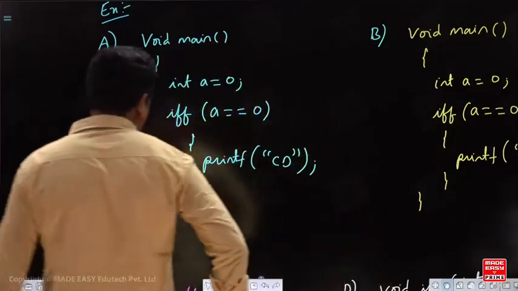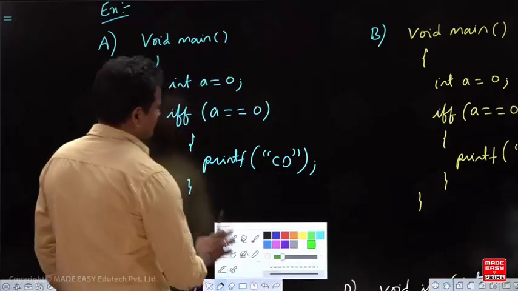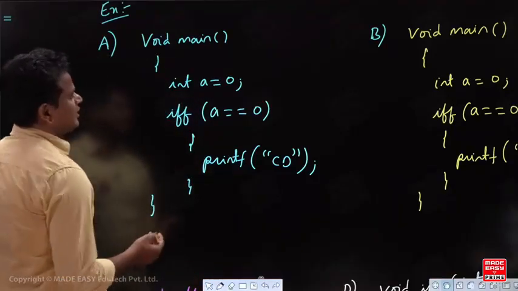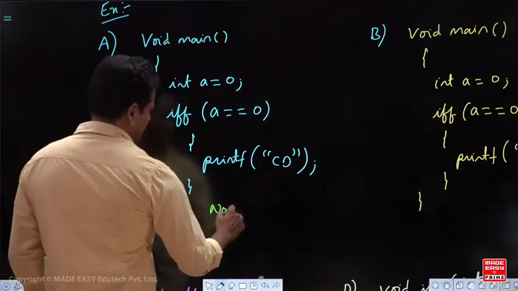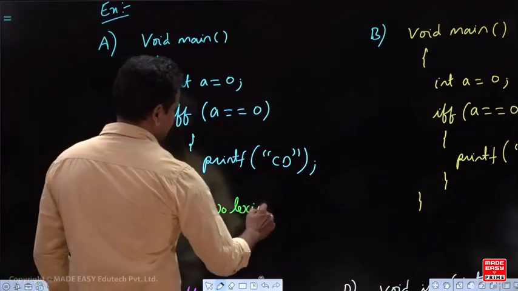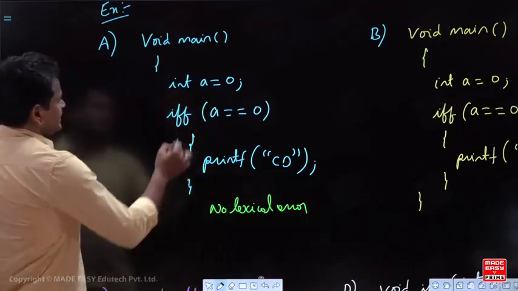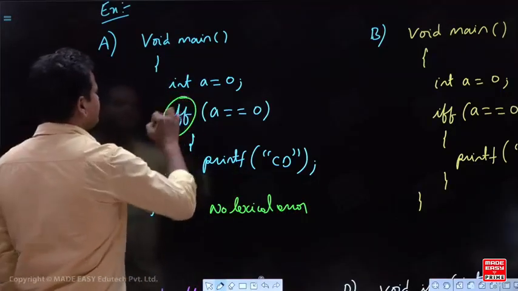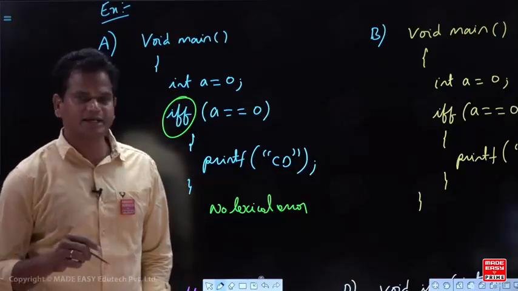Okay. So, what is the earliest error? There is no lexical error, everything can be converted into tokens. And moreover, have you observed, if is a keyword, IFF is not a keyword.